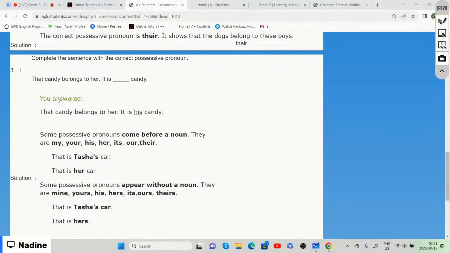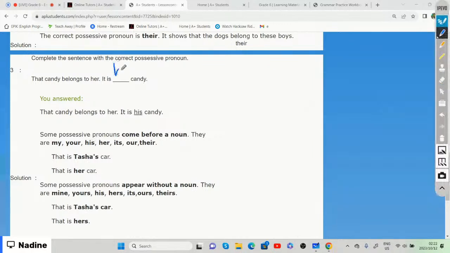So if the candy belongs to her, then we can say it is her candy, right? Because the candy belongs to her.